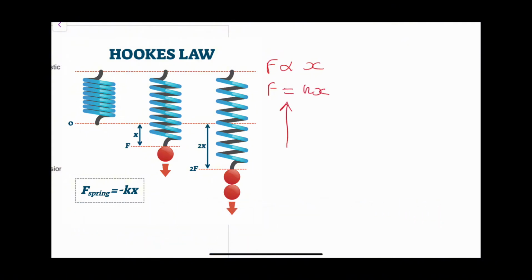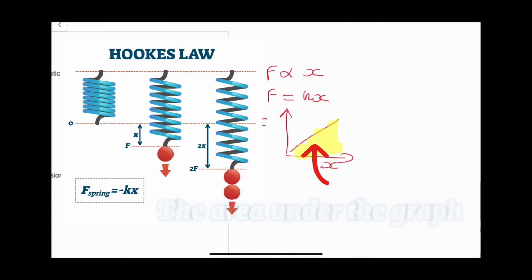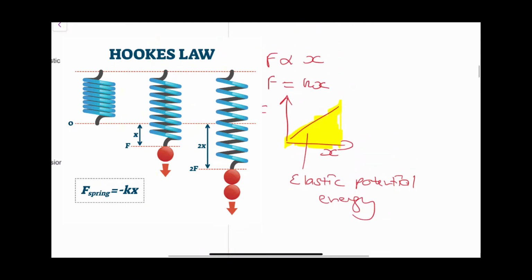So if I have a force against extension graph, the area underneath this graph represents elastic potential energy. So the area underneath a force extension graph represents elastic potential energy.